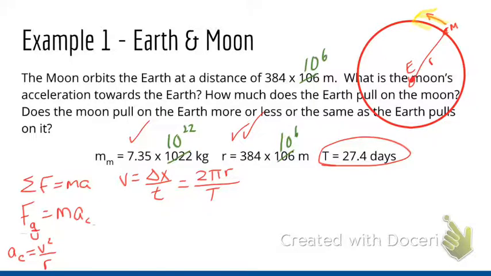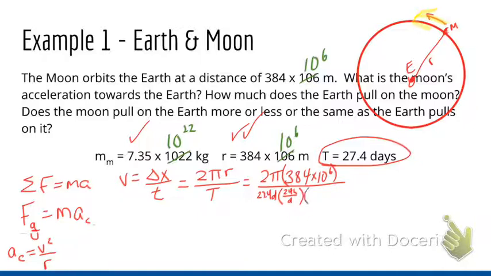From here, we can go ahead and do the math that's going to give us our velocity. So it's 2 pi times 384 times 10 to the 6th meters. We're going to divide that by the period, which is 27.4 days. We're going to convert that. We know that there are 24 hours in every day.